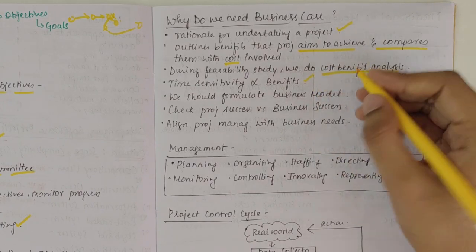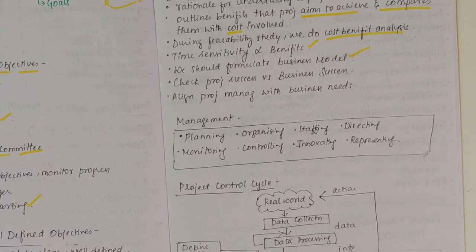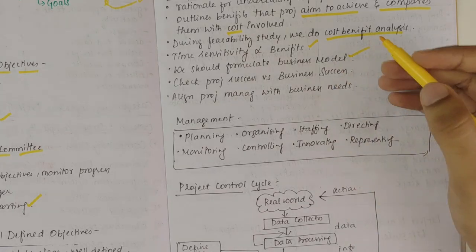Then we should formulate the business model. Formulation of the business model is pretty important because a business model explains how the application will generate the benefits. For example, an e-commerce website could increase sales by allowing global customers to order products online. Then we have impact.